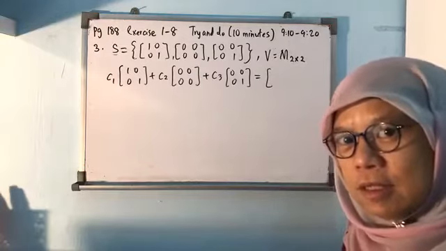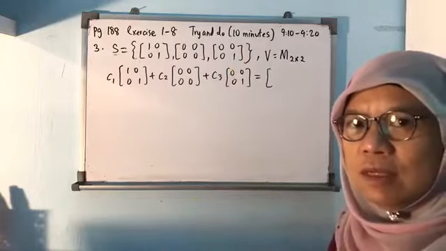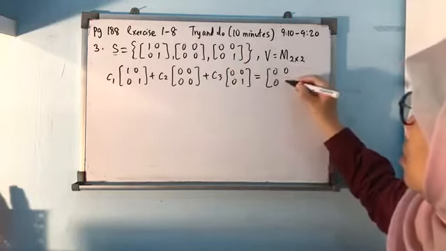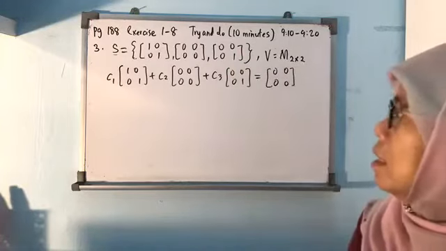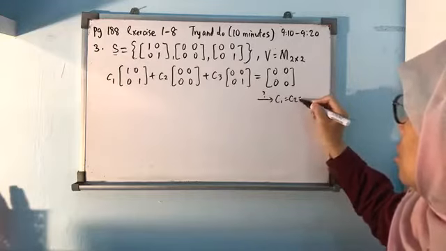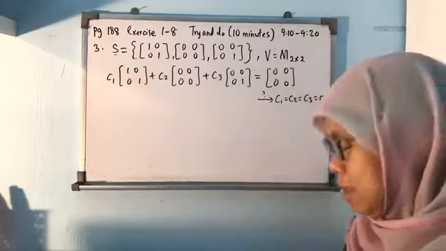It's just the zero matrix. Remember that 10 axioms, there has to be a zero vector in the space. So for 2 by 2 is this. Okay? And then we want to know whether C1, C2, C3 equal 0 or not. That's my question mark here. Okay.